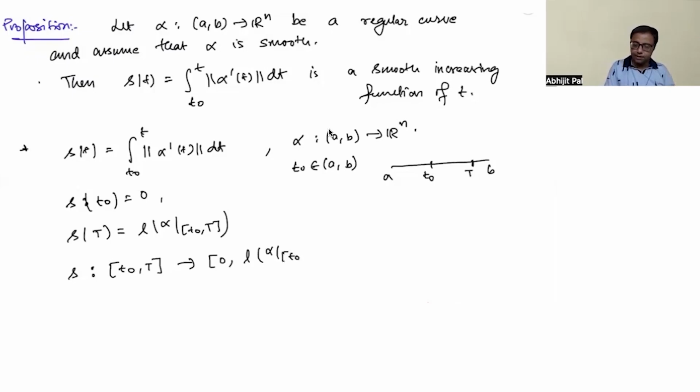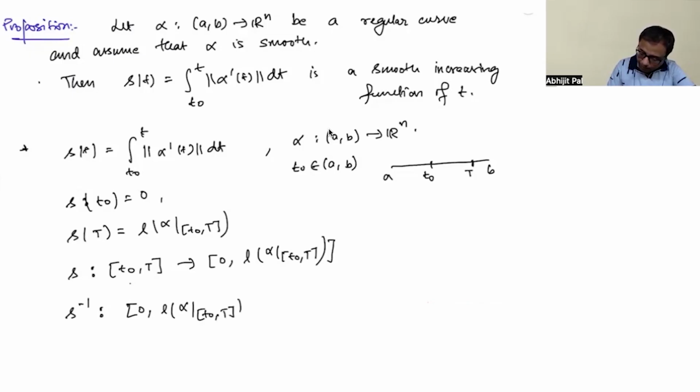S is also smooth if I take this alpha to be smooth. So therefore this S inverse also exists. So S inverse will be a map from this closed interval to the closed interval T0 comma capital T.